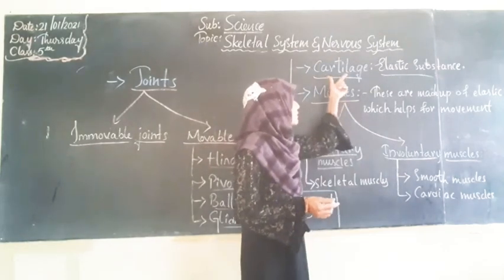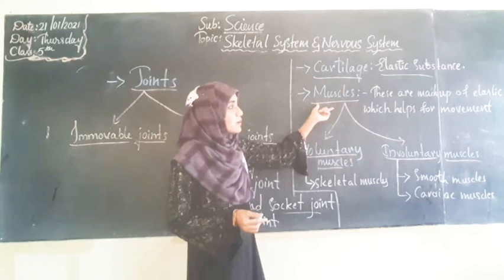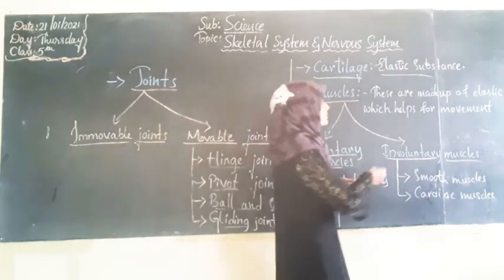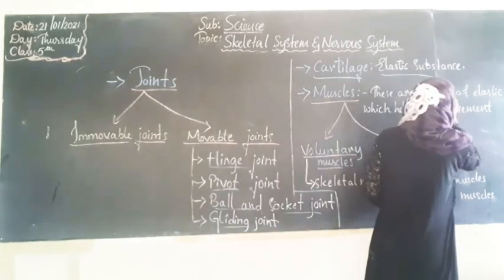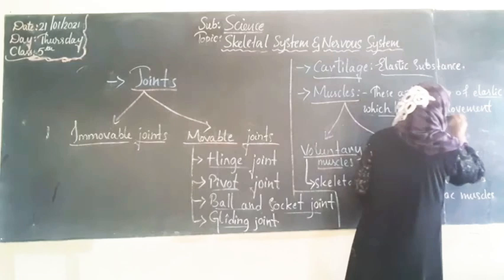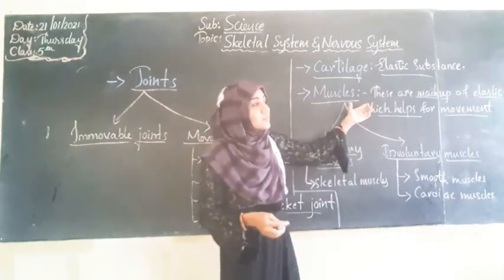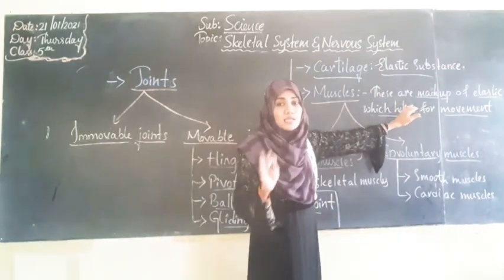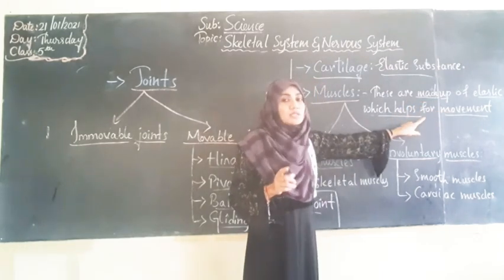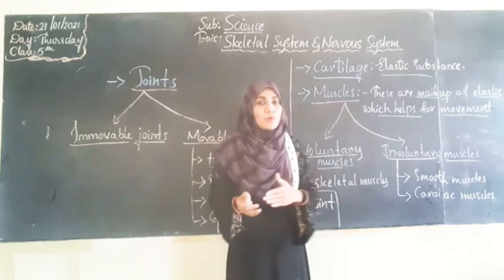Next, after cartilage we will also discuss muscles. First let us know what is meant by muscles. Muscles are made up of elastic tissues which help in the movement of our body.